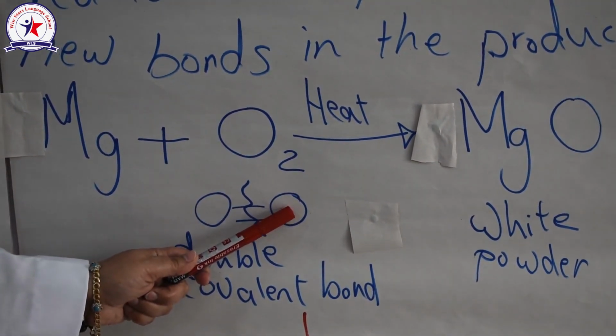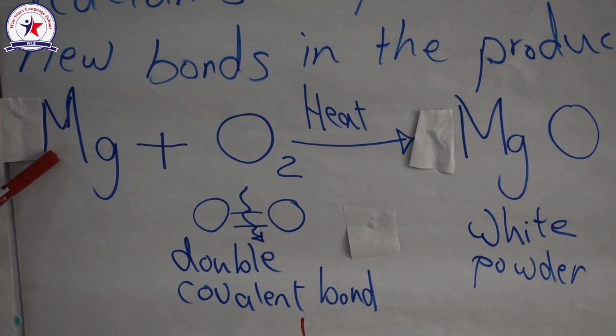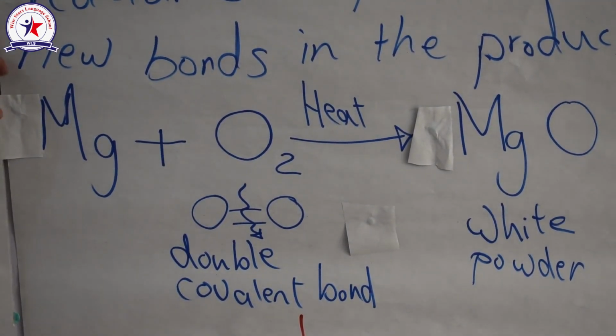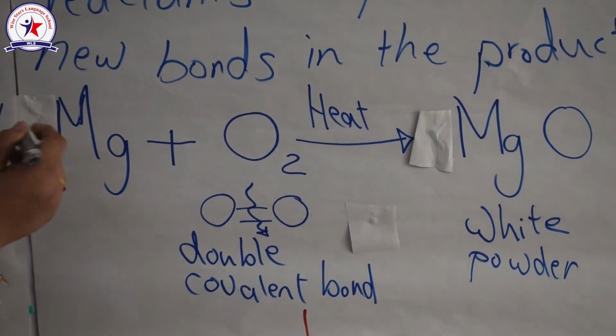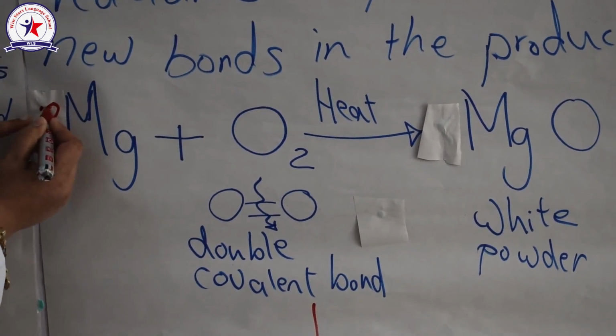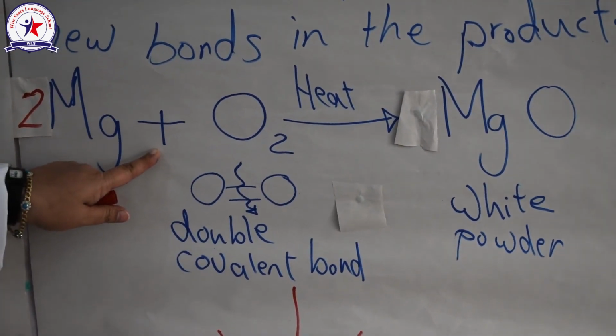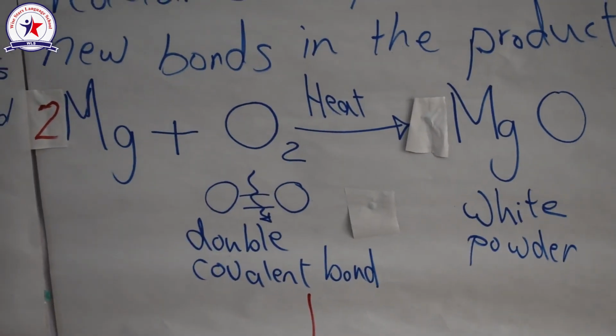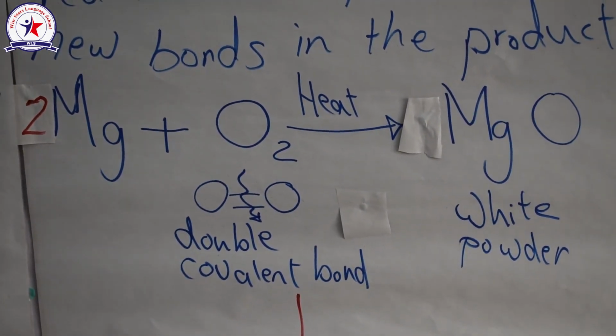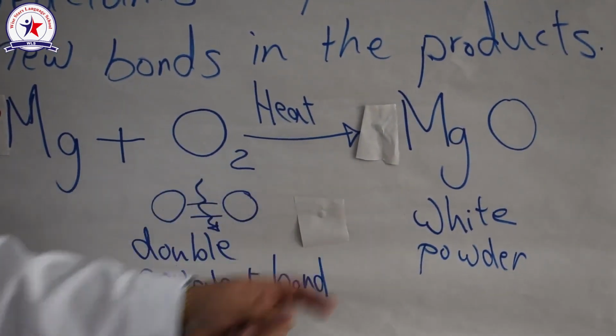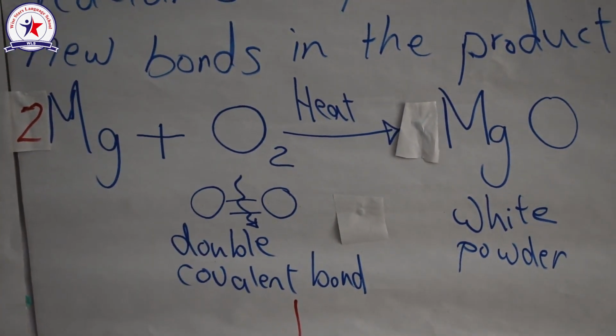Another oxygen atom combines with another magnesium atom. So we have two atoms of magnesium, not just one. Two atoms of magnesium react with two atoms of oxygen to produce a compound which is magnesium oxide.